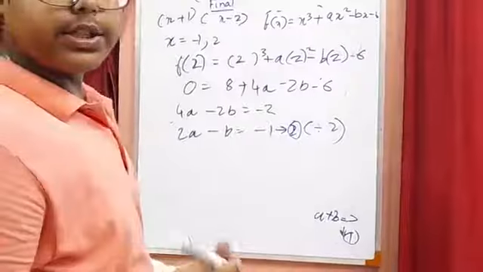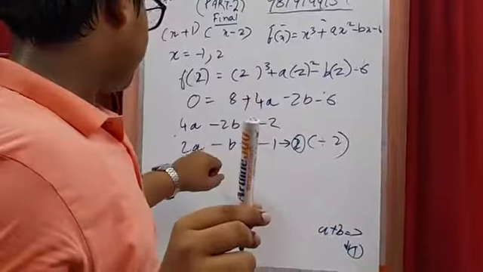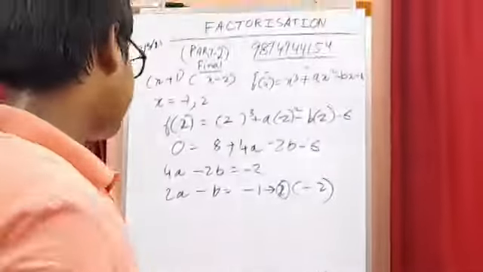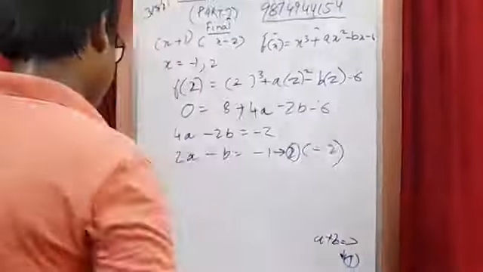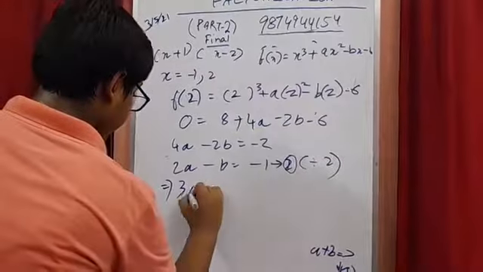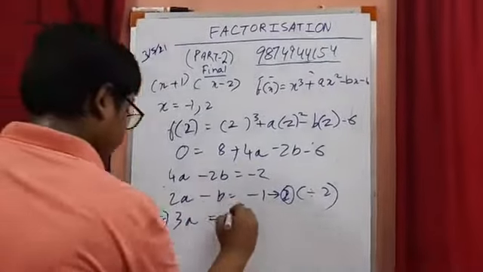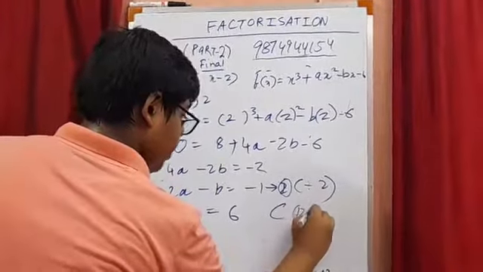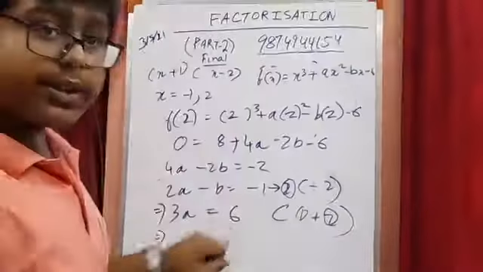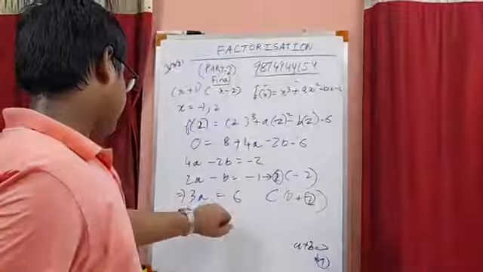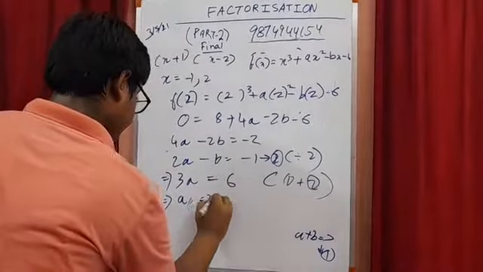Now 1 plus 2 means a plus b is equal to 7 plus 2a minus b is equal to minus 1 will be added, which will give us minus b and plus b cancelled out. 2a plus a is equal to 3a. 3a is equal to minus 1 plus 7, which will be plus 6. Therefore 1 plus 2 gives 3a is equal to 6. 3 will be taken to this side. It will become a is equal to 2.